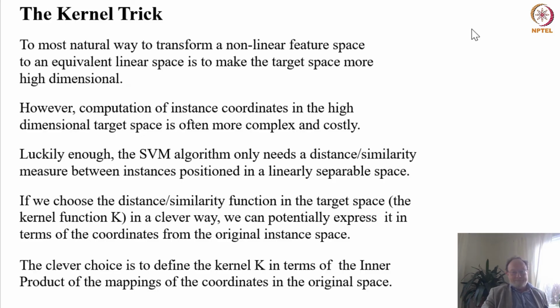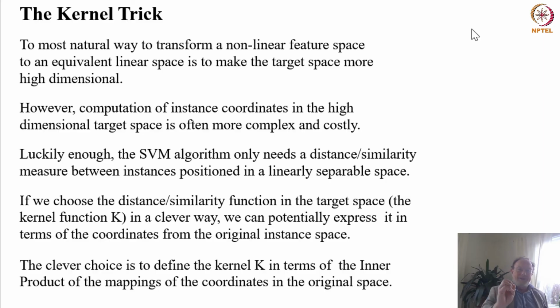If we do that, then we can define a similarity measure in that new space, such that the similarity measure is expressed in terms of the coordinates from the original space, which are easier to compute.